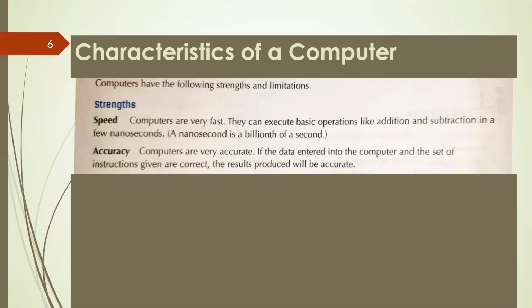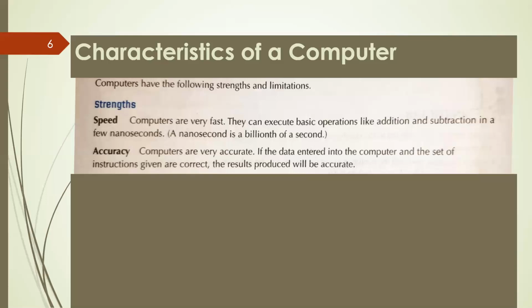So the computer will give accurate output only when whatever instruction you enter is correct and according to your input, and then the accurate result will be given by the computer. All right, so computers are very accurate actually.